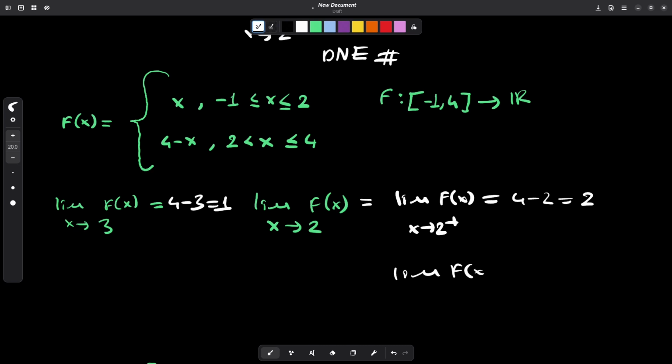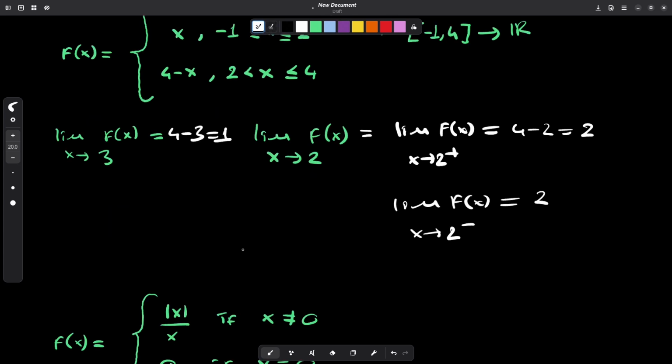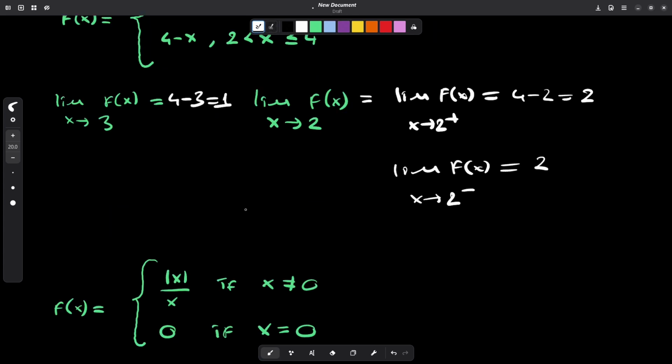Limit of f(x) as x approaches 2 from the left side. This time, I'm lesser than 2. I just plug in 2. Limits from the left and right are equal. Therefore, we will say the limit of f(x) as x approaches 2 is equal to 2.